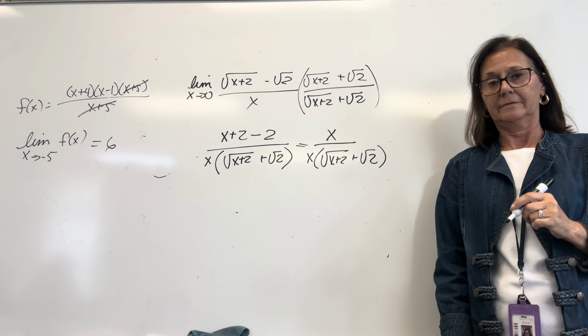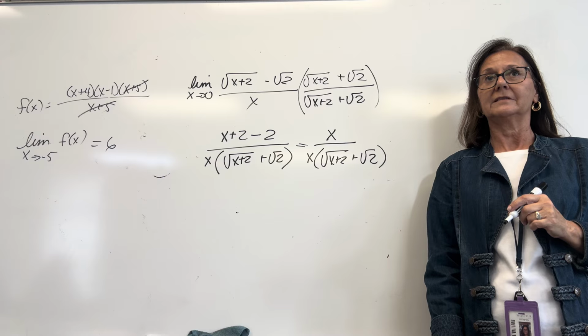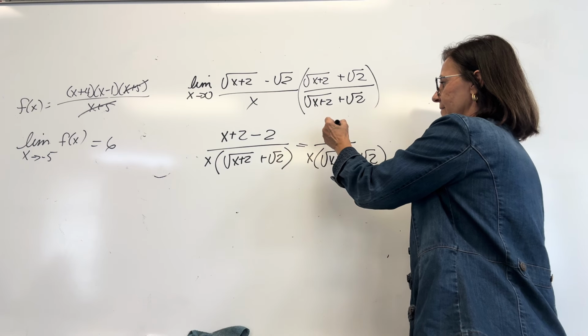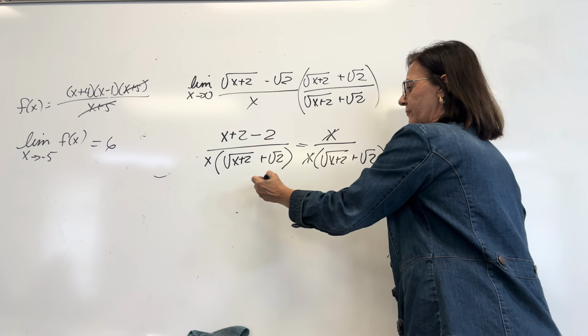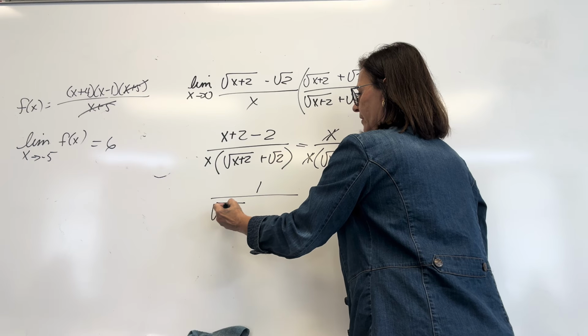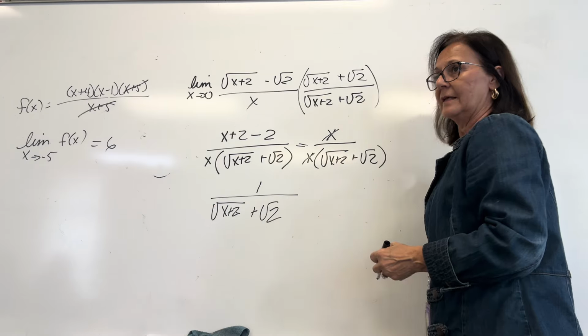Look what happens. What happens? The x cancels. I'm left with 1 in the numerator over the square root of x plus 2 plus the square root of 2. That's my function.